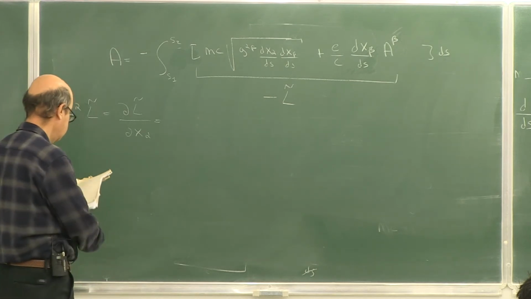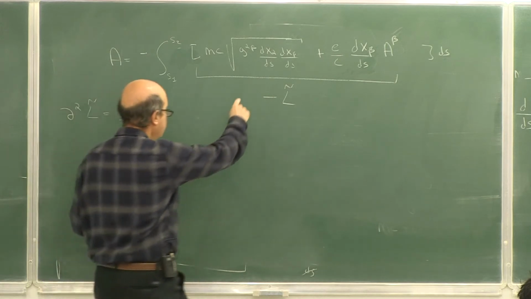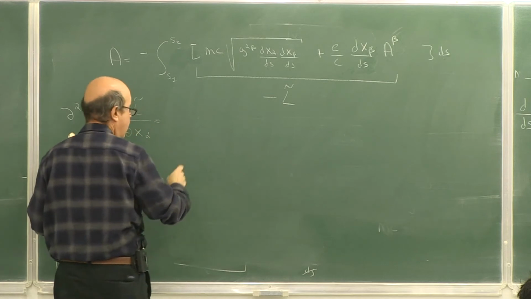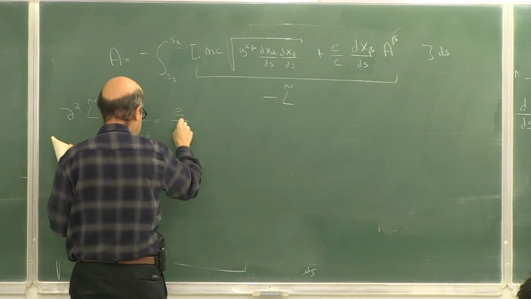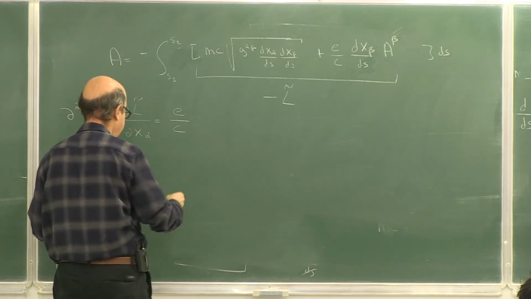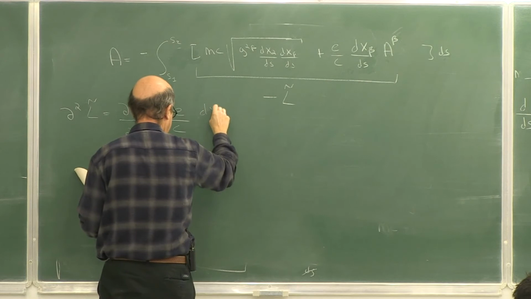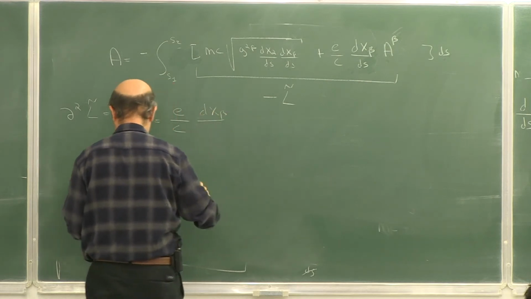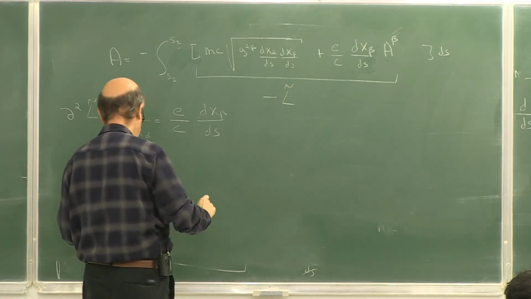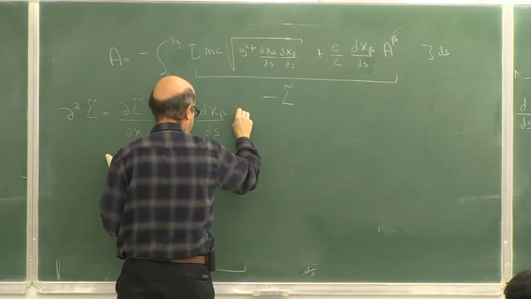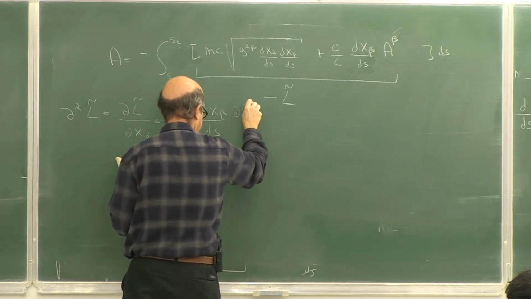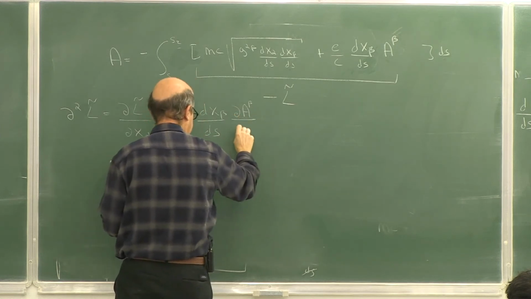These are the velocities, and only the four-potential depends on the coordinates, so the derivative will be e over c, dx beta over ds, del A beta over del x alpha.